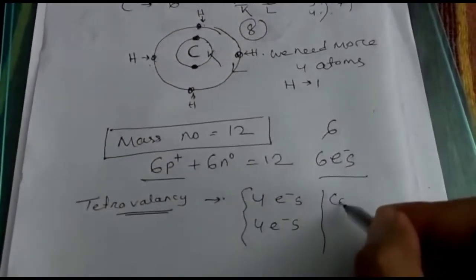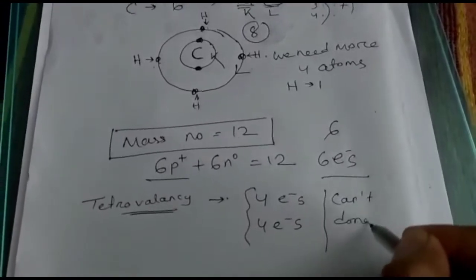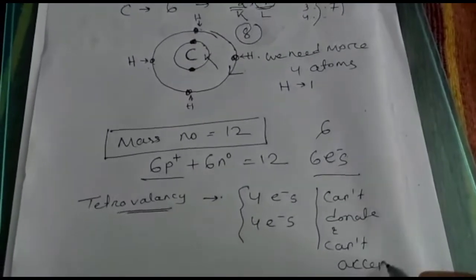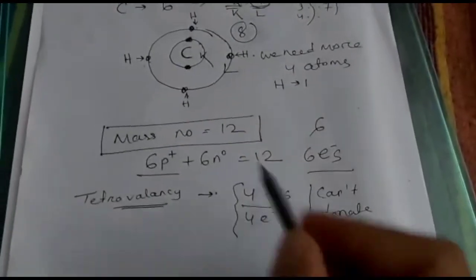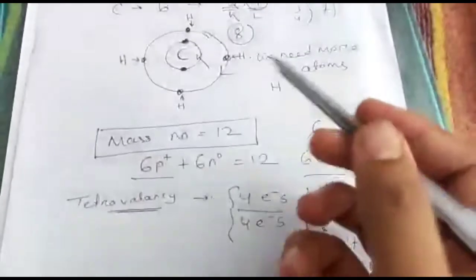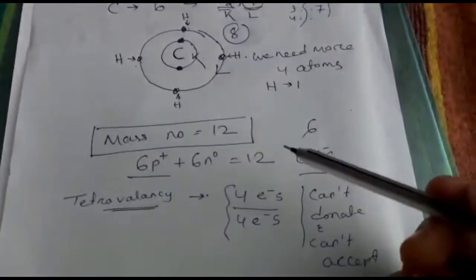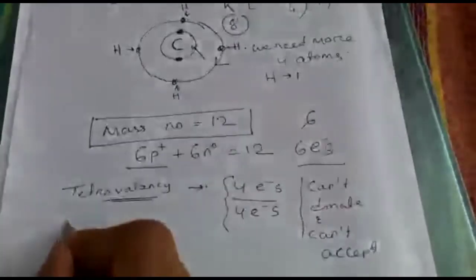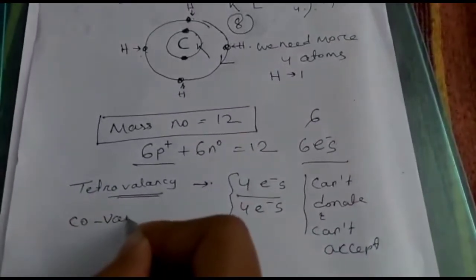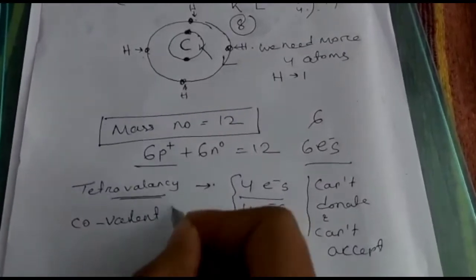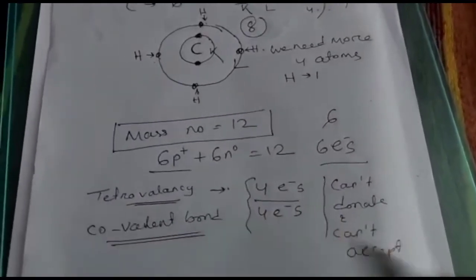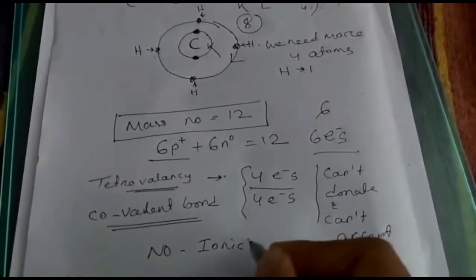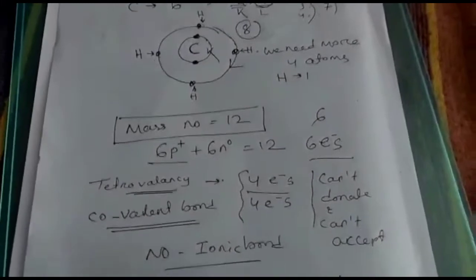Write down: cannot donate and cannot accept. Only the sharing of electrons or pairing of electrons can be done. That means only covalent bond can be formed. No ionic bond. Remember.